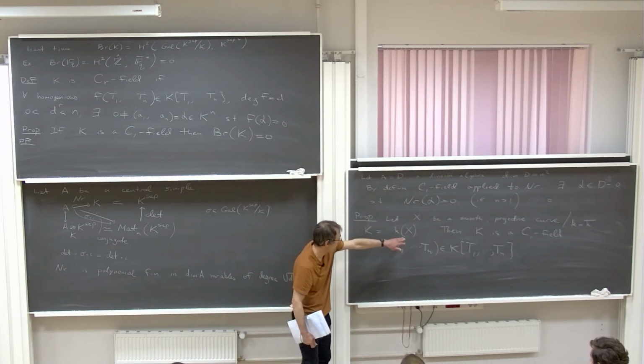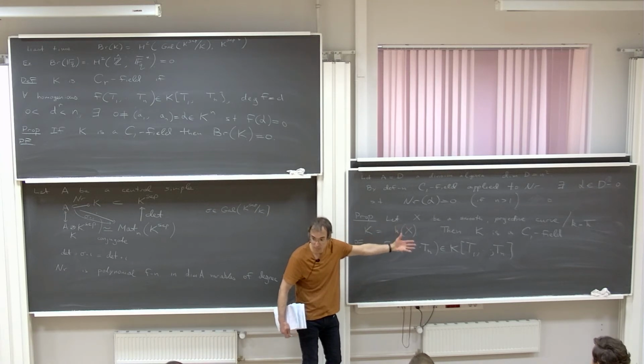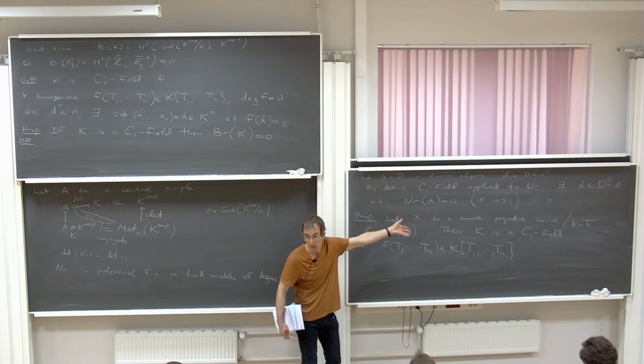Every rational function is regular on an open subset, and they may have poles somewhere.